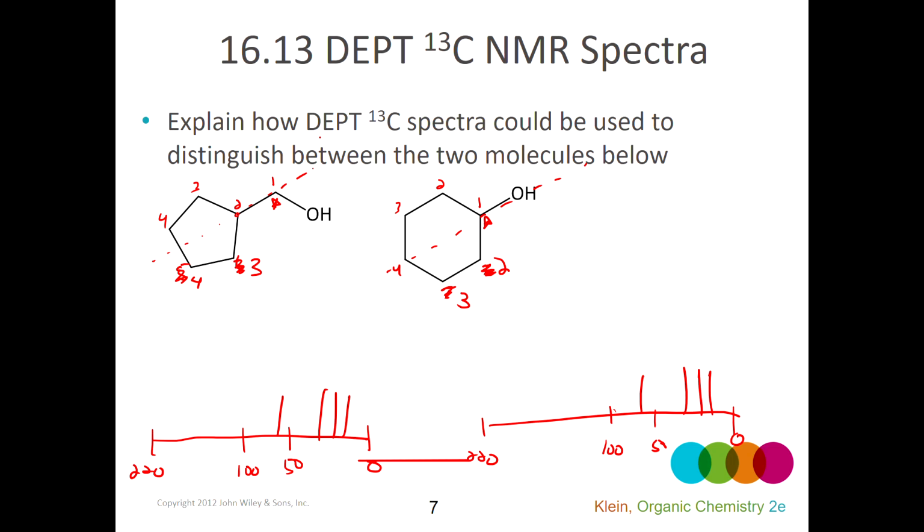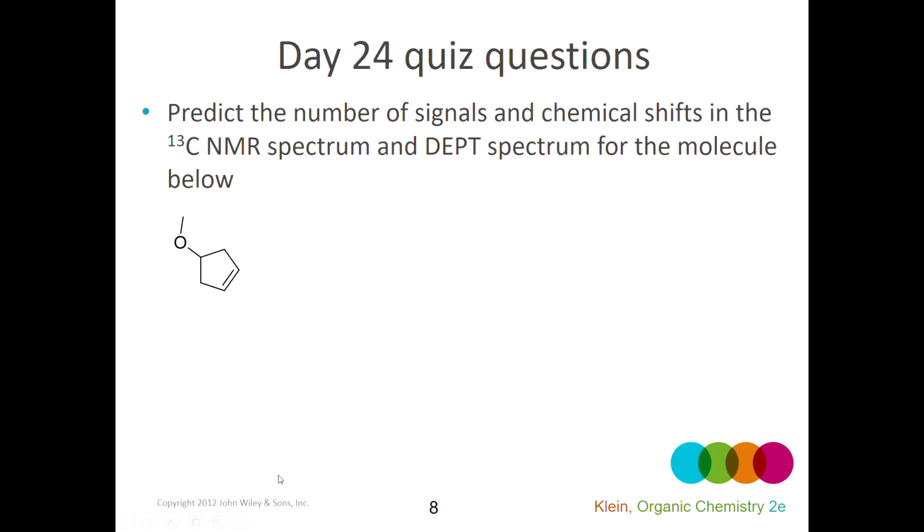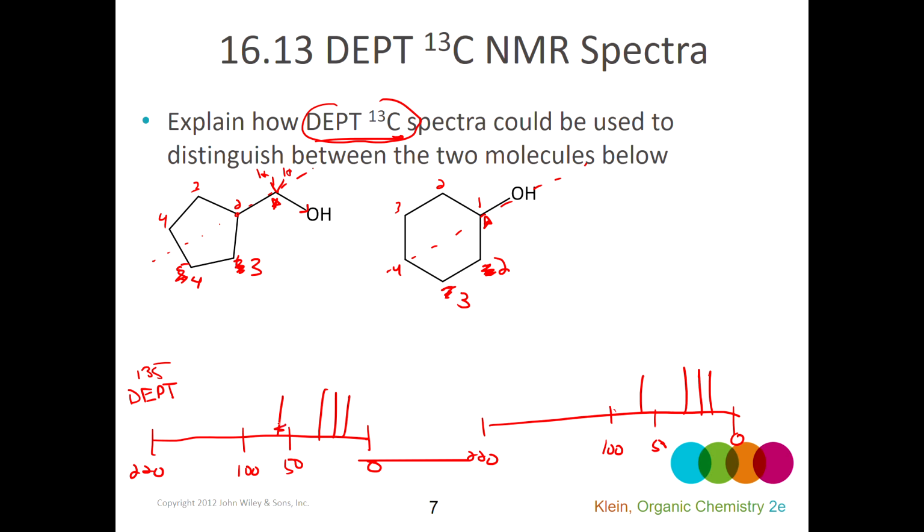So if I'm looking at the DEPT, the key thing here would be in this molecule, the carbon that's directly bonded to the oxygen, the one that appears between 50 and 100, is a CH2. So if I were looking at the DEPT 135, this signal wouldn't be coming up, it would be coming down from the baseline. And the second carbon is a CH, so it would be pointing up.